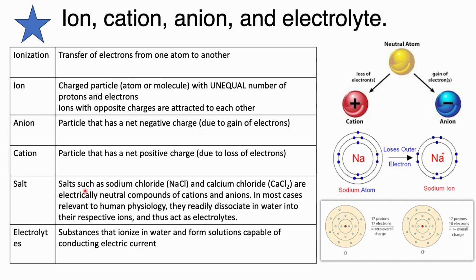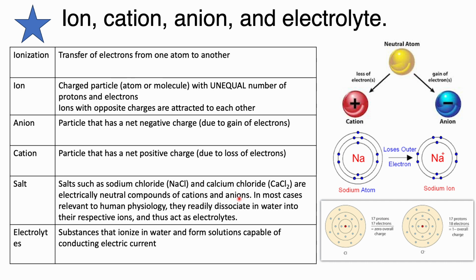Salts such as sodium chloride and calcium chloride are electrically neutral compounds of cations plus anions. So those are salts. In most cases, when it comes to human physiology, they easily dissociate in water to give us electrolytes.